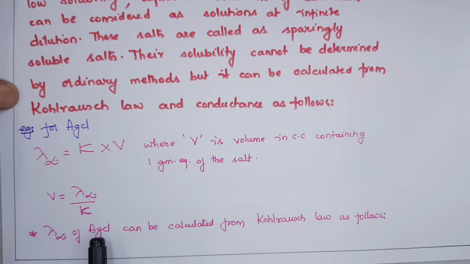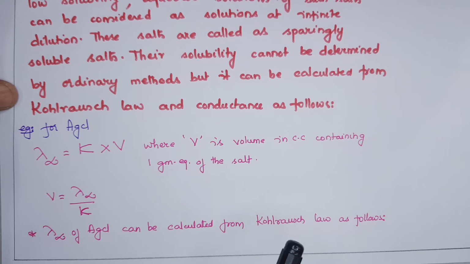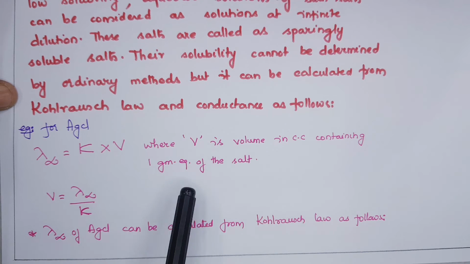Now, one more. Lambda infinity of AgCl can be calculated from Kohlrausch law as follows. That's why I told you to watch Kohlrausch law of independent migration of ions before learning the applications of Kohlrausch law, students. This is discussed in the previous video.